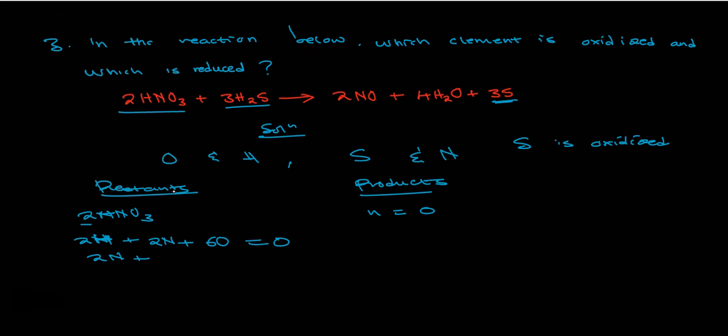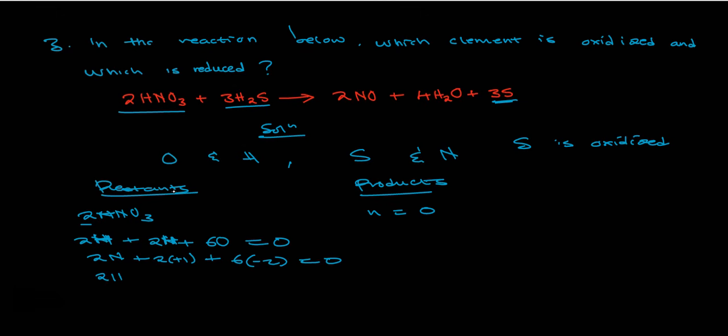Okay, let me treat this to be nitrogen because I started making the same mistake from the beginning. So this one becomes the hydrogen. Hydrogen, we know that it's positive 1. Then oxygen is negative 2. We equate to 0.